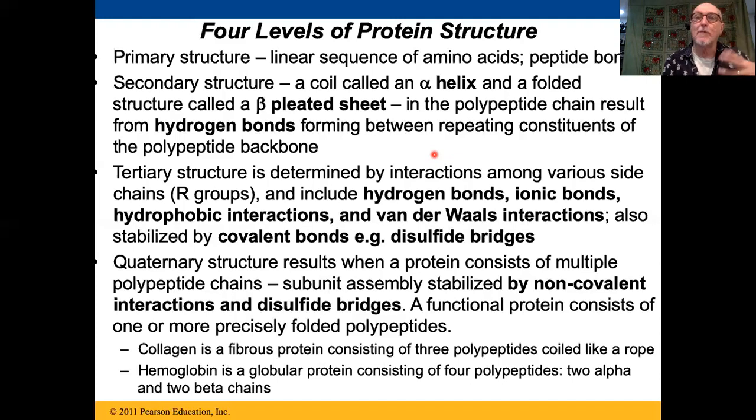If we have molecules which are polar, then we can have weak hydrogen bonds established, which can begin to fold and bend the molecule. There may be ionic bonds as well. Remember that we have electrically charged groups, for example, which can begin to establish ionic bonds. There are other kinds of interactions which you may not have heard of: hydrophobic interactions, van der Waals interactions. Just be aware that these are weak interactions, but can be very important in establishing tertiary structure.